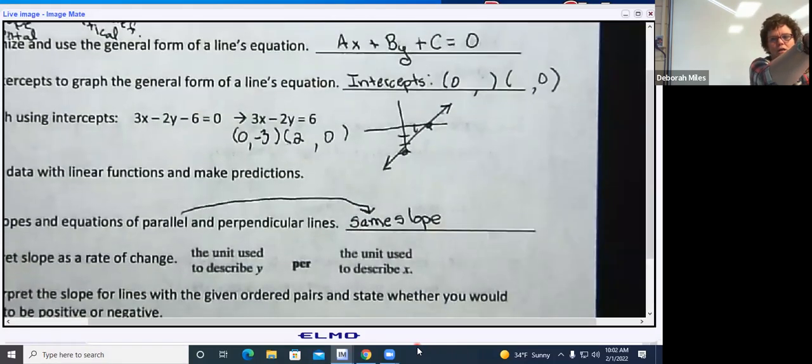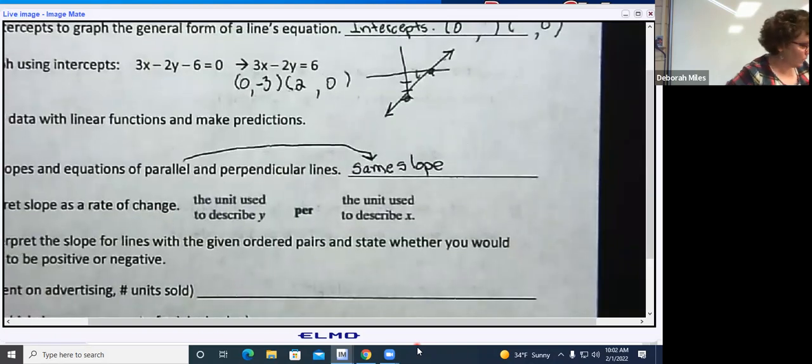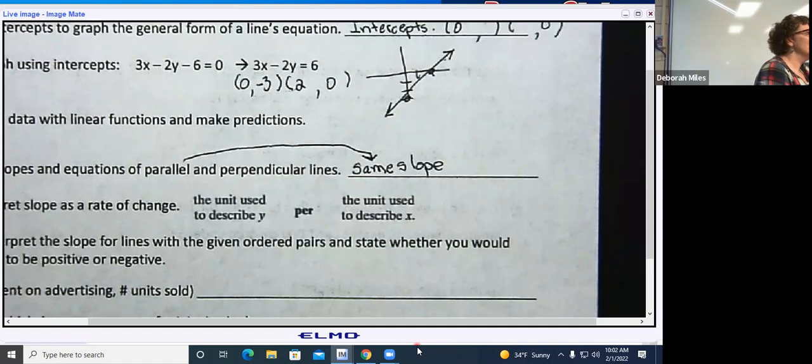It's a little bit more difficult to give you a mountain climbing example of why perpendicular lines are perpendicular. But does anybody remember, for example, if one line has a slope of, let's say, 2/3, what a line perpendicular to it would have for a slope? -3/2. All right, you did 2 things there.